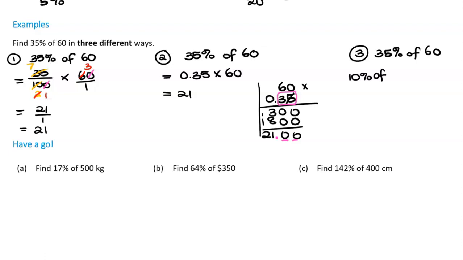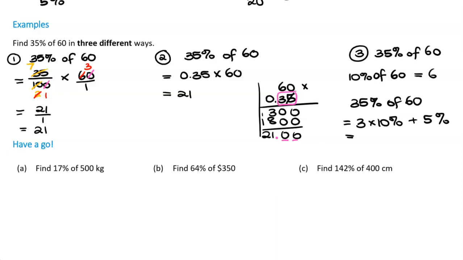10% of 60. We said 10% of something is the same as dividing that value by 10. So that would just be equal to 6. So that means 35% of 60 would be 3 lots of 10% plus 5%.